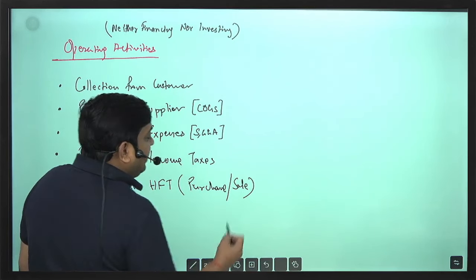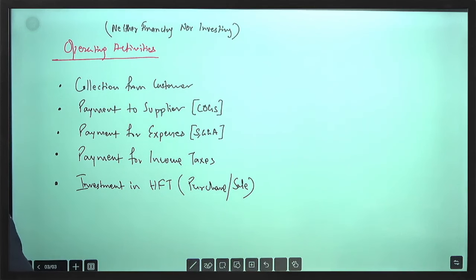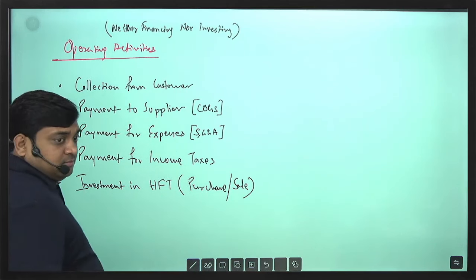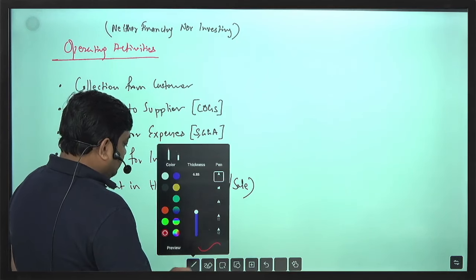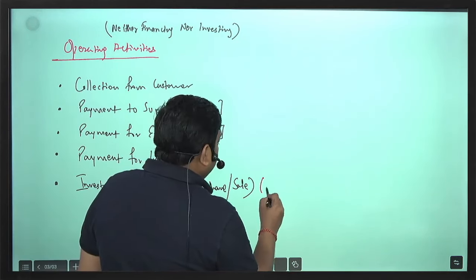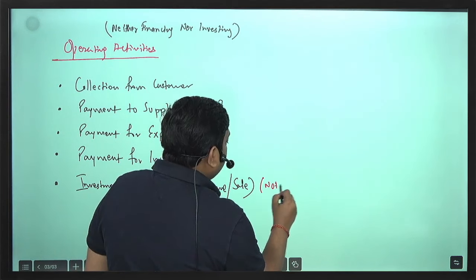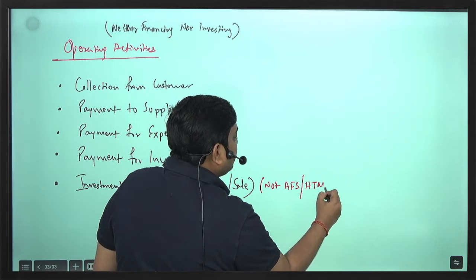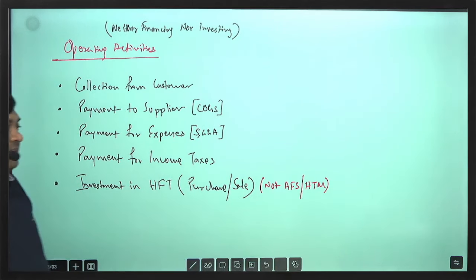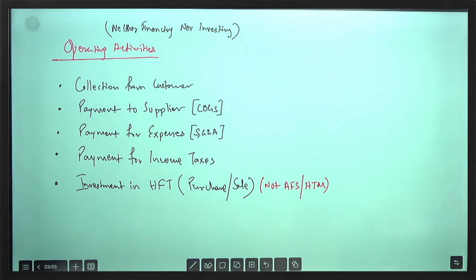HFT means held for trading, not AFS and held till maturity. Not AFS or held till maturity. This is not operating activity. Right?